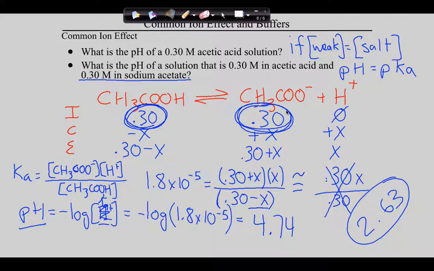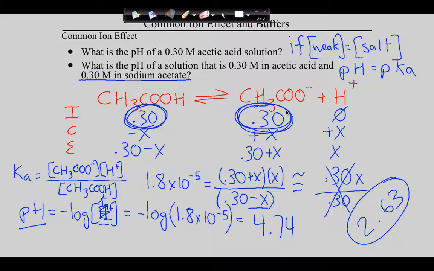Once we find that weak acid, all we have to do is take a salt that shares an ion in common with it, the conjugate base ion, and make an equal molar solution of that, and that is guaranteed to be pH 5, and we're good.